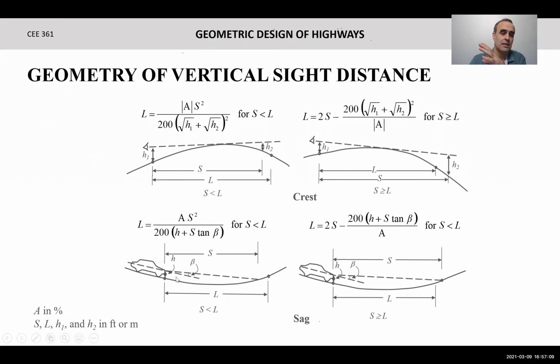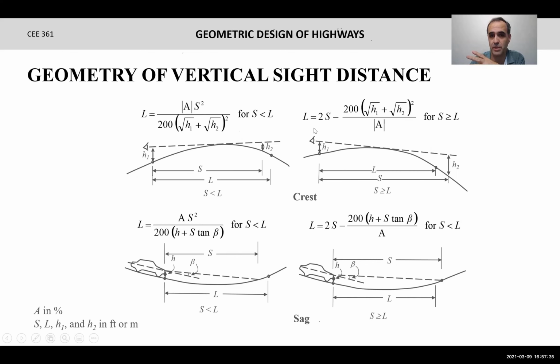If in a problem I tell you the height of the objects, and actually I have it for all of them, so if I either give you these two heights, or I give you this other height and the angle beta, you just pick these equations.